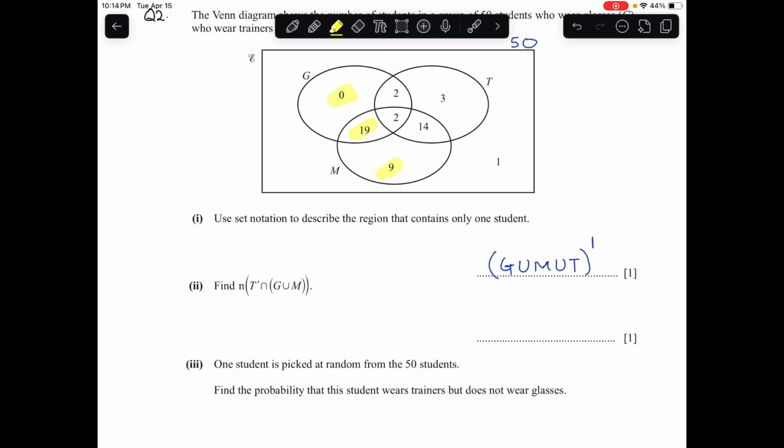So that's going to be 9 plus 19, because all of this is outside T, not T, but it is still intersecting with G union M. So that's going to be equal to 28.